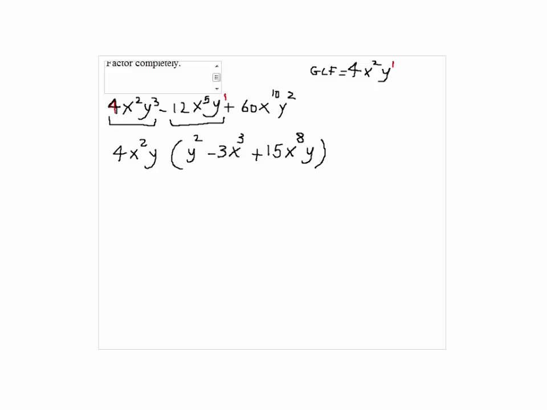We add 3 plus 2, we get x to the power of 5. And y is already there. Plus 4 times 15 would give you 60. And then we have x to the power of 8, because 8 plus 2 would be 10, and then we need y here. y times y would be y squared, and that's how we factor this completely.